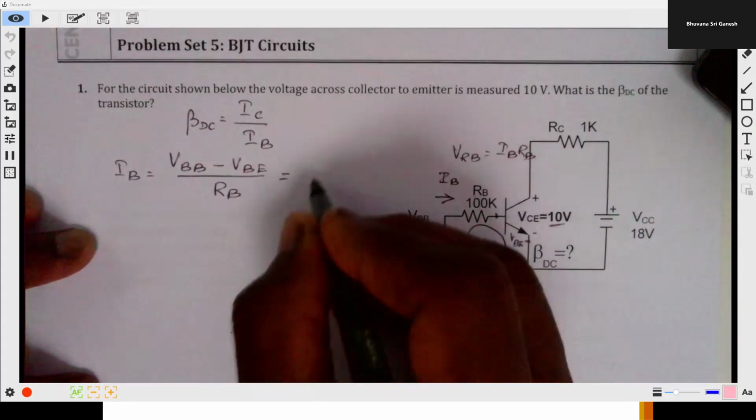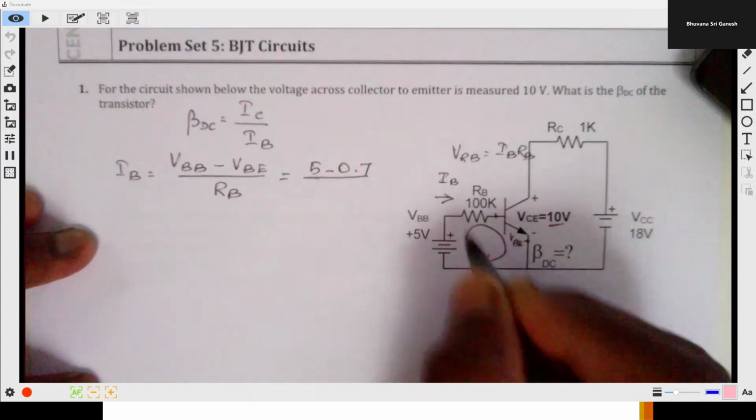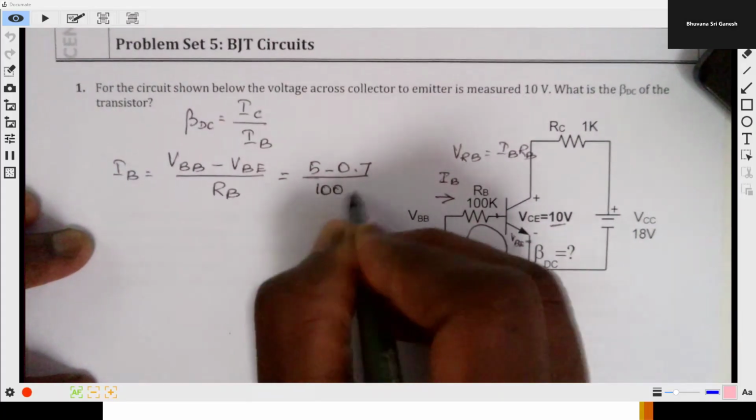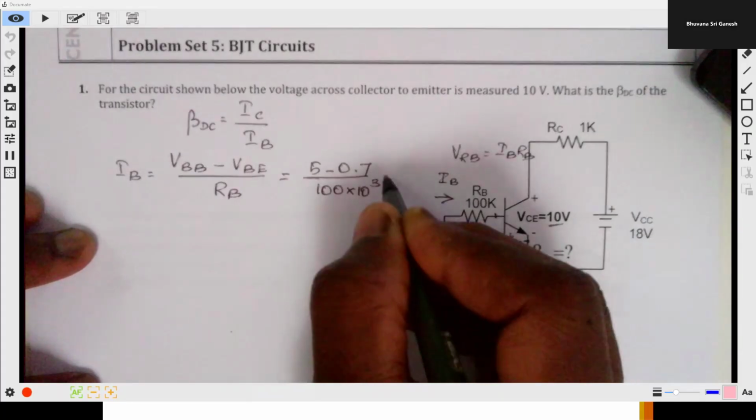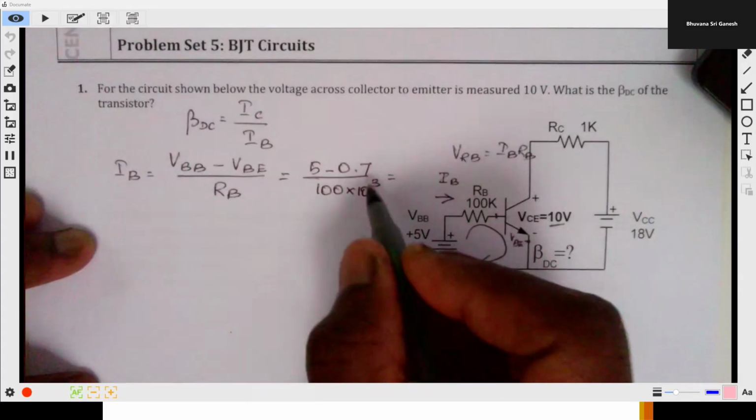So for finding this IB, we use VBB minus VBE over RB. VBB is given to be 5, minus VBE, which is 0.7 always. The value of RB is 100 kilo. Kilo is 10 power 3, and this is 4.3 over 100 times 10 power 3.